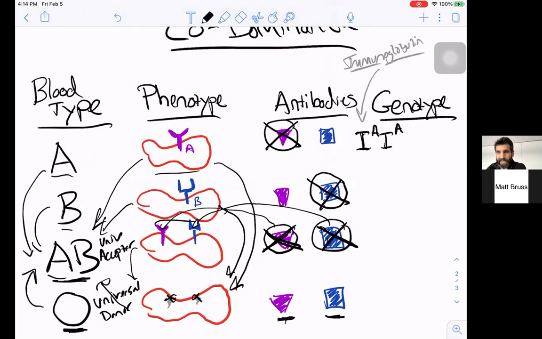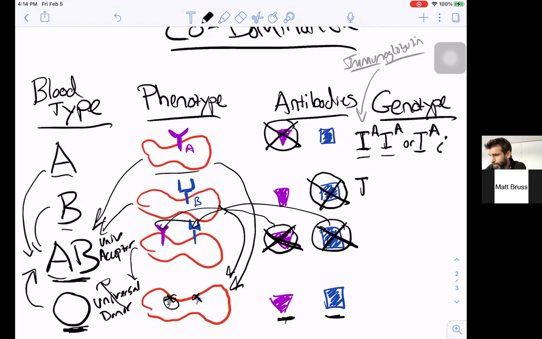So the two ways you could be type A is you could have gotten the A version from both parents, or you could have gotten A from one parent and the non-functional version, that's the one that comes in the O type, from one of your parents. If you get one non-functional and one A, every cell is still going to be showing that A protein.